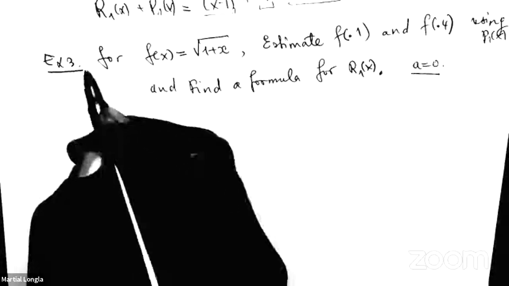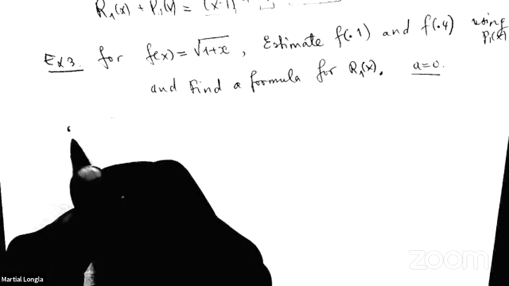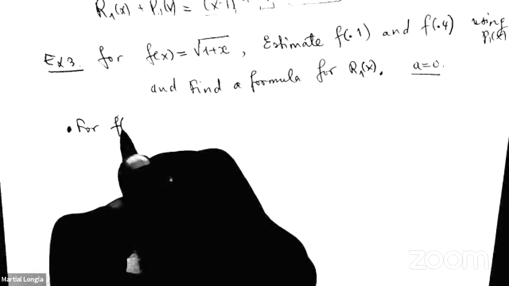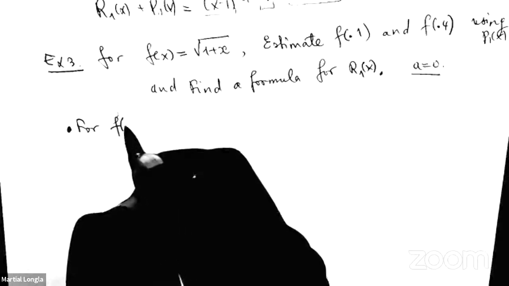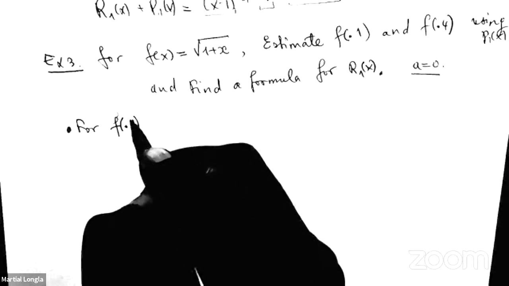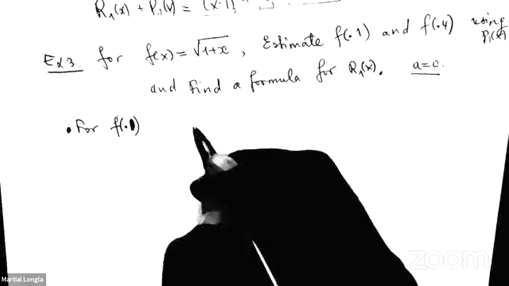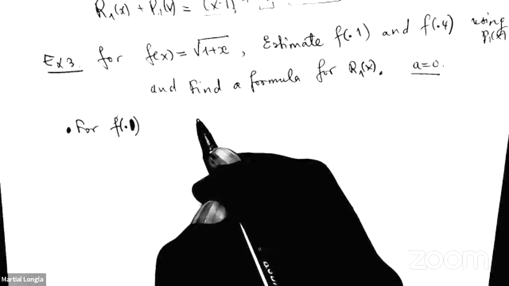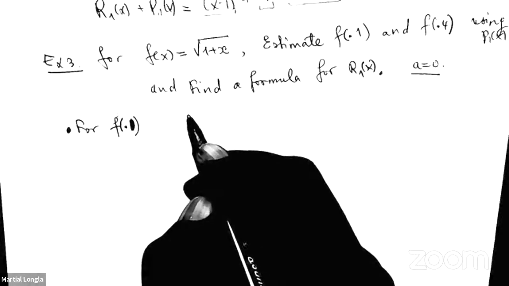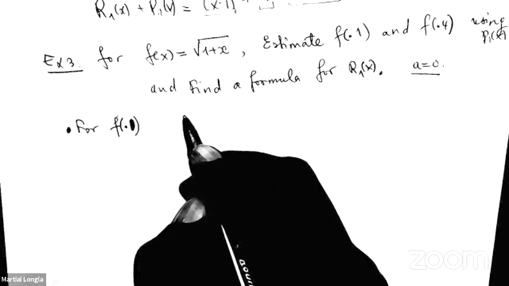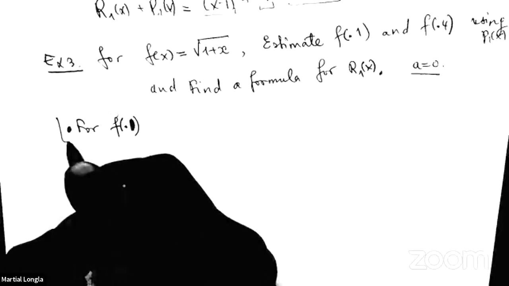We need to find the formula for f of 0.1 and f of 0.4. Now first we start with 0.1. For the first thing I defined what f of a was.